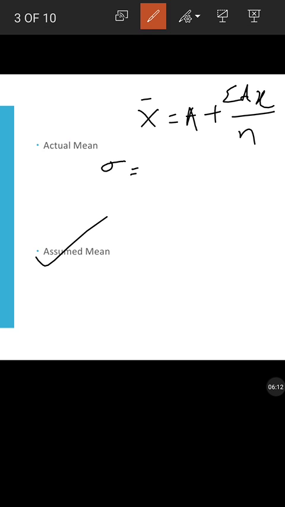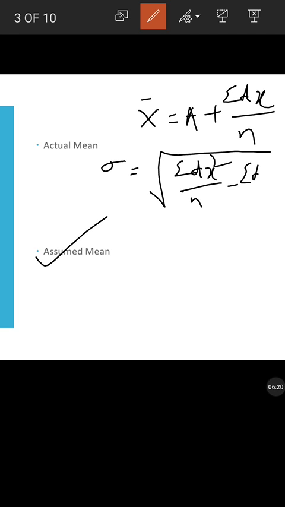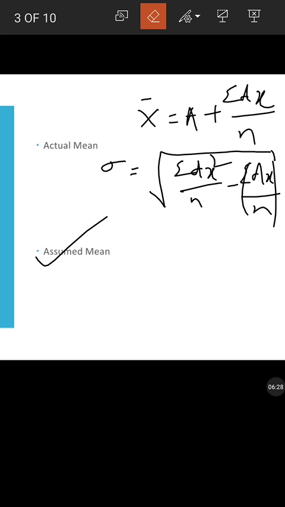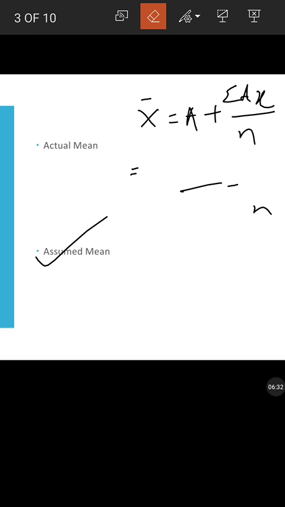Sigma is equal to root of summation dx square divided by n minus summation dx by n the whole square. Okay, this is a formula to calculate standard deviation. I write it clearly so that it will be easier for you to see the formula.